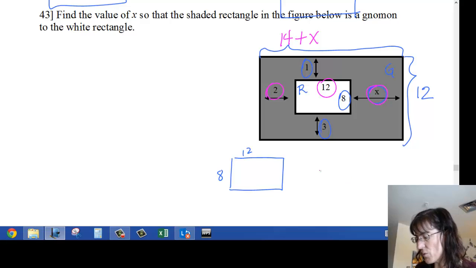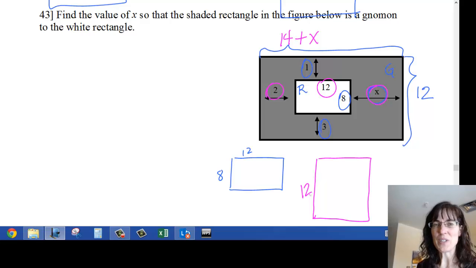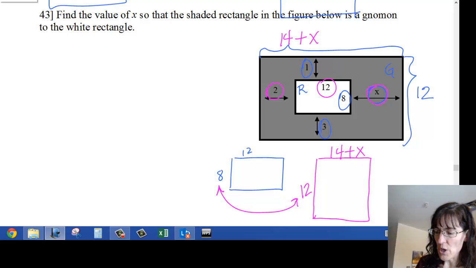So I want to correspond, on this big one, and I want the 12 not to go with the 12 that I already have because that's going to cause me some trouble. But I want 8 to 12, those can be corresponding, these two. And then the 12 will correspond with the 14 plus x. And that should work out.